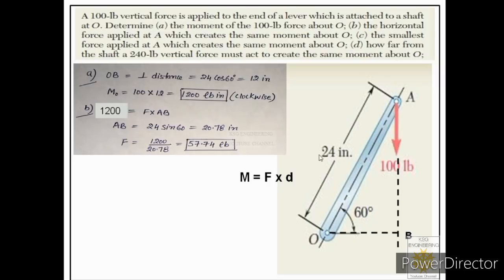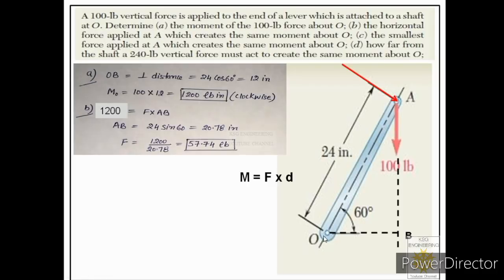So if we use the complete 24 inches as maximum moment arm, then the minimum force should act at 90 degrees to the lever, because in the previous slides we have learned that the moment arm is always at 90 degrees to the line of action of the force and 90 degrees to the axis of rotation.